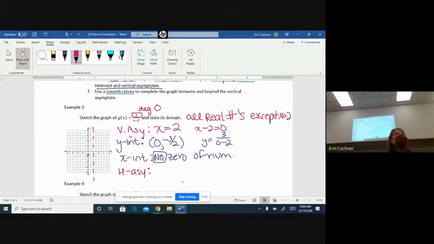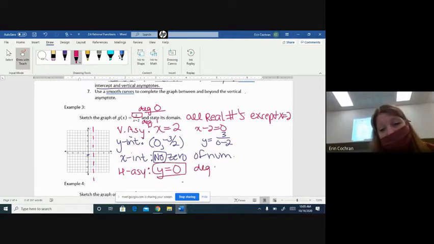Because x to the 0th power is 1. 1 times 3 would be 3, right? So the degree of the numerator is 0. What's the degree of my denominator? 1, right? So is the numerator degree less than, equal, or greater than the denominator degree? Less than. So since it's less than, we know our horizontal asymptote is y equals 0, because the degree of the numerator is less than the degree of the denominator. Okay? So we also have this horizontal asymptote.